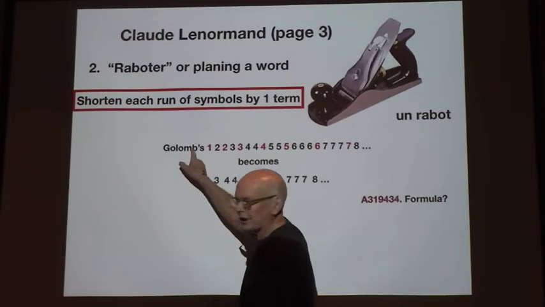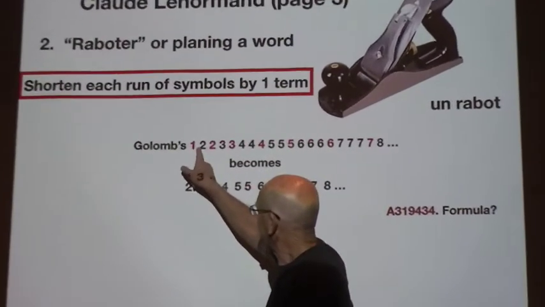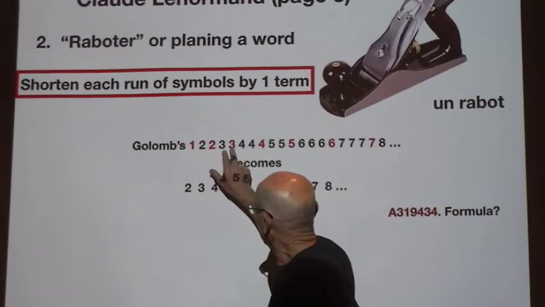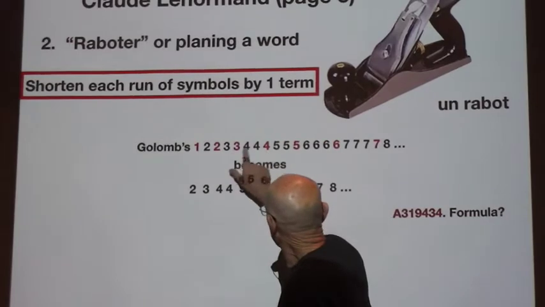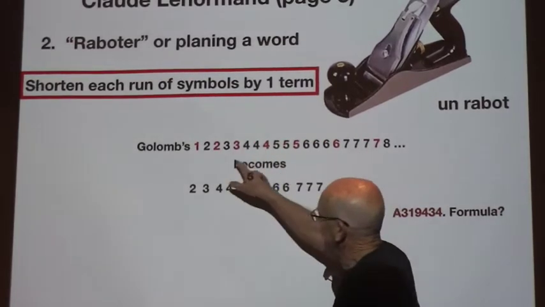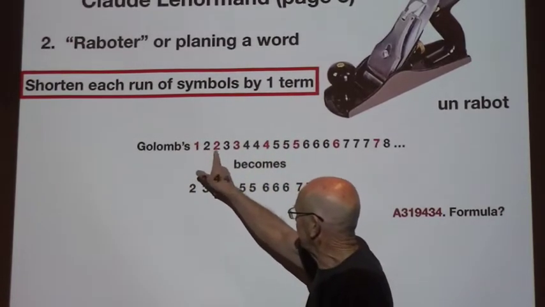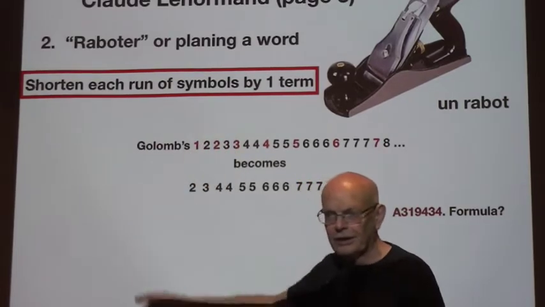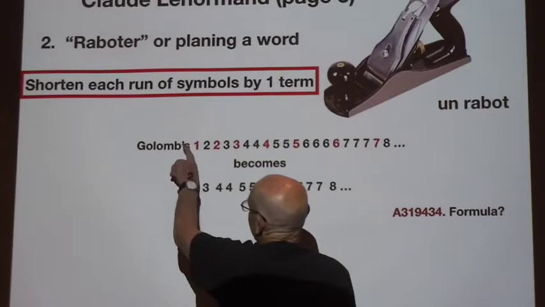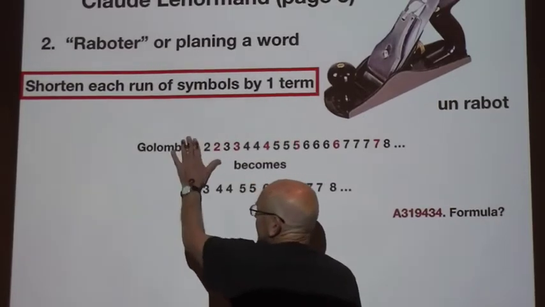So here's Golomb's sequence. It goes one, there are 2 2s, there are 2 3s, there are 3 4s, 3 5s, and so on. So it's got runs of lengths 1, 2, 2, 3, 4. The transform is you shorten each run by one term. So this is a run of length 1. That goes away.